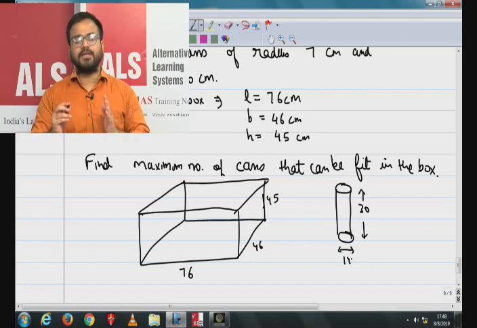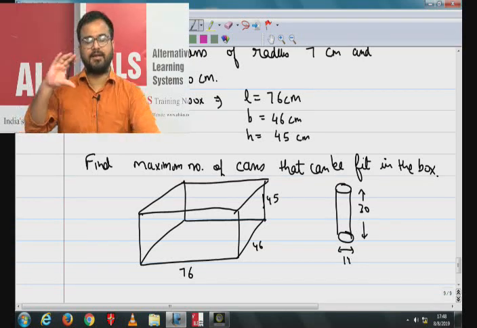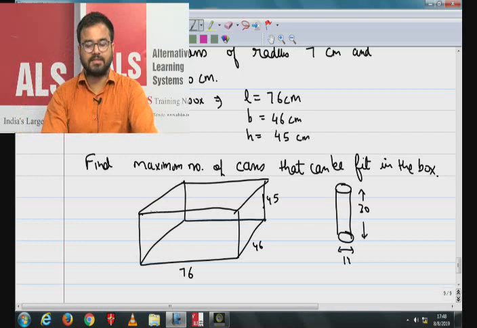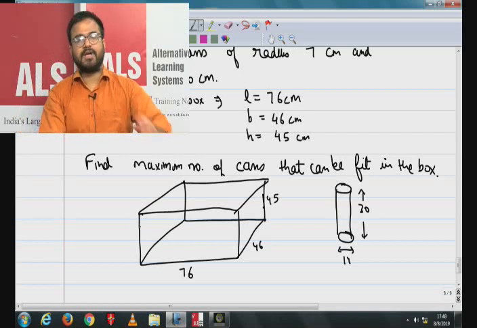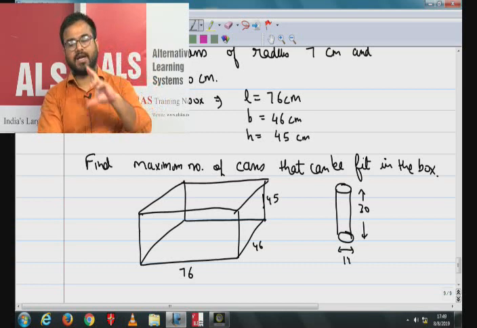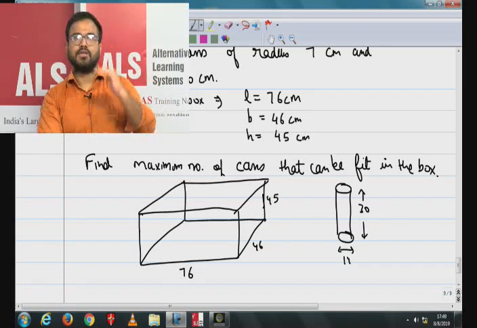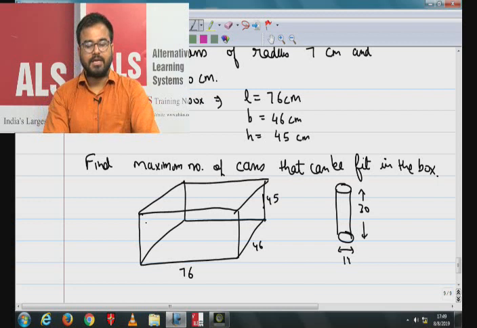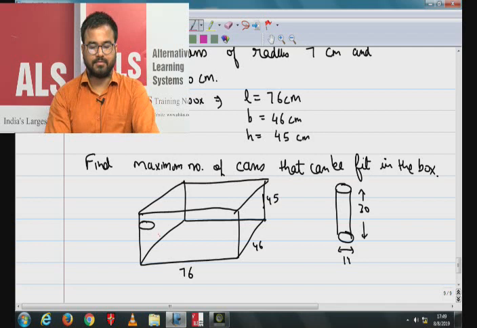If you are putting that cylinder vertically in this box, the height of the box is 45 and the height of the cylinder is 30. So we can put vertically. If you put one can like this in one end of the box, second can will be like this.